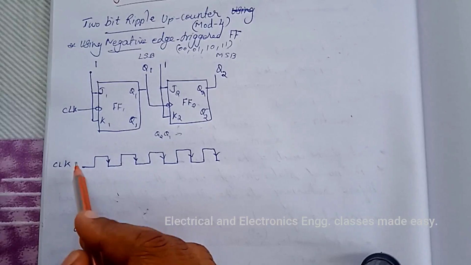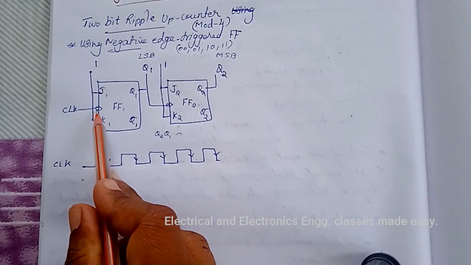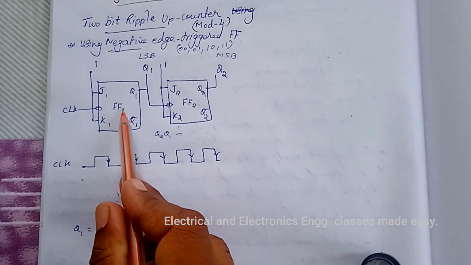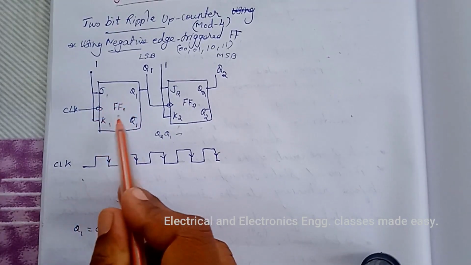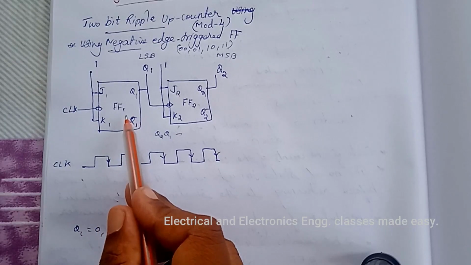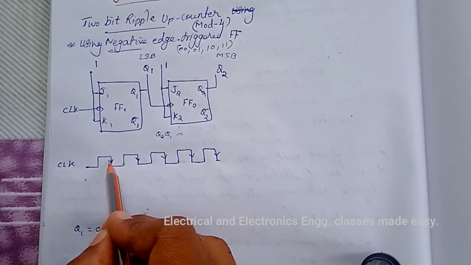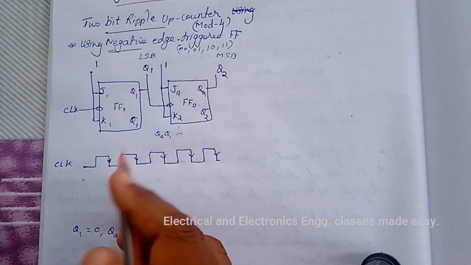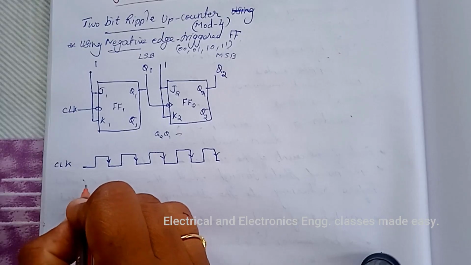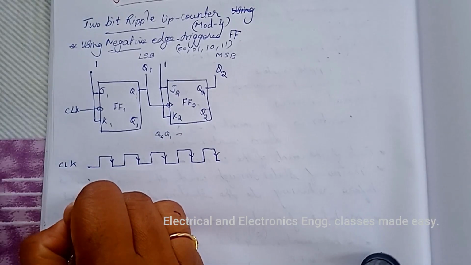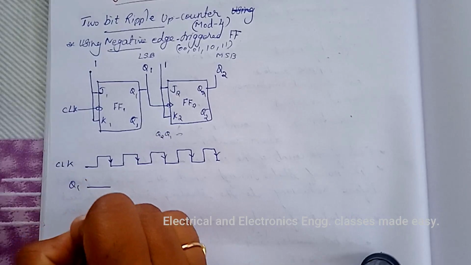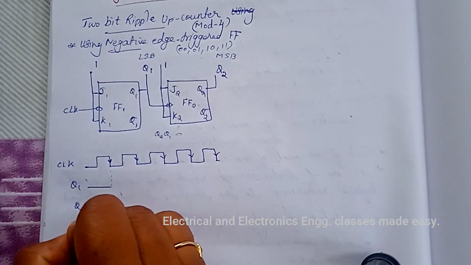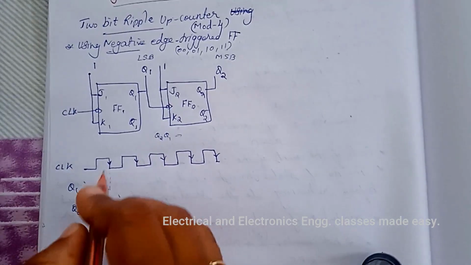When the first clock pulse is applied, the first flip-flop toggles at the negative going edge of the clock pulse. So initially Q1 and Q2 are 0, and up to this negative edge Q1 and Q2 are 0.